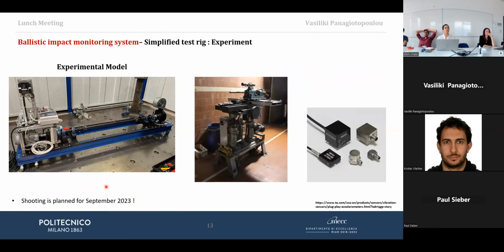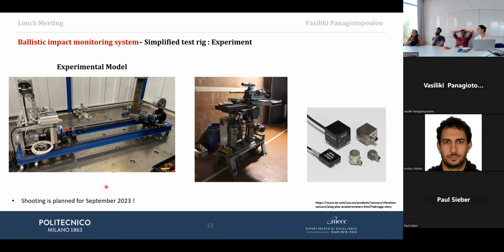Meanwhile, we are switching to a less complicated model, easier to manage, and a more accessible test rig, I would say, because it's on the first floor of the building where I'm working, so it's really easy.